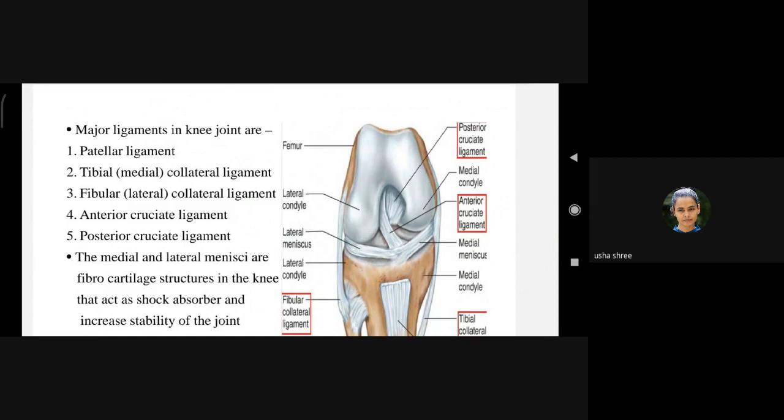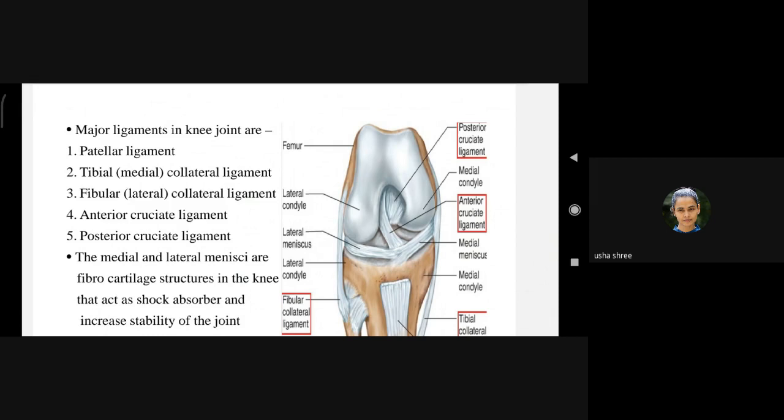So the major ligaments of the knee joint are the patellar ligament, tibial collateral ligament, fibular collateral ligament, anterior cruciate ligament, and posterior cruciate ligament.